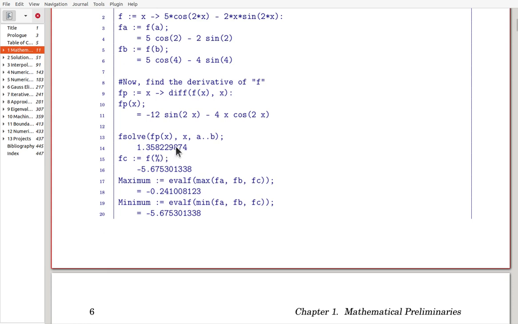Now the last result. The function value is computed here. fc is the critical value at c. So we have two boundary values and one critical value. Among them, the largest is the global absolute maximum, and the smallest one will be the global minimum.